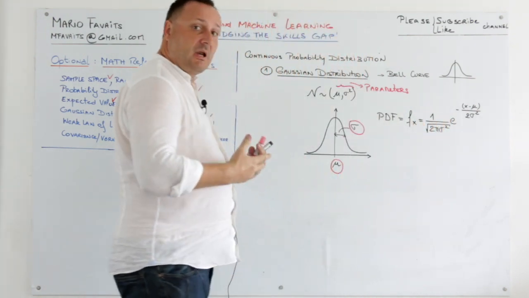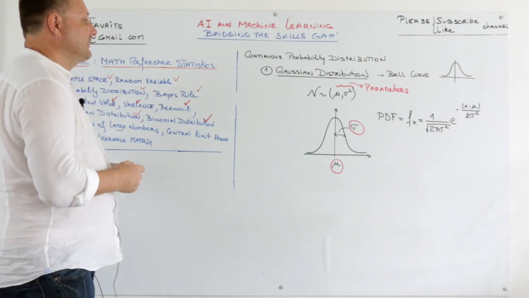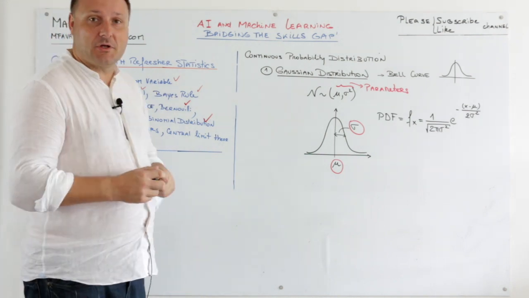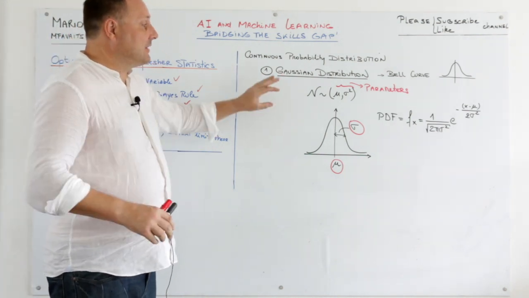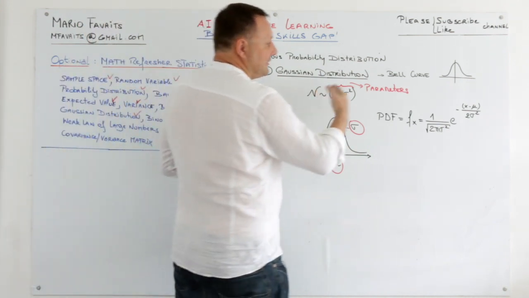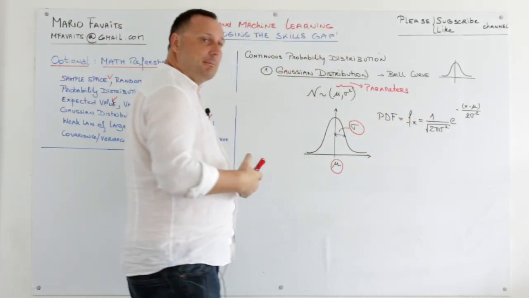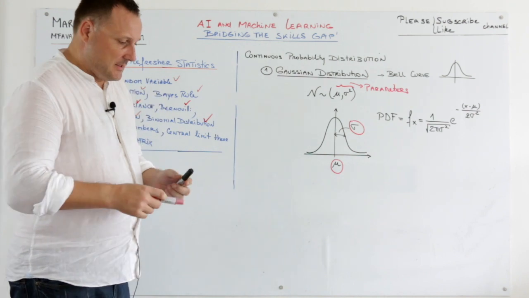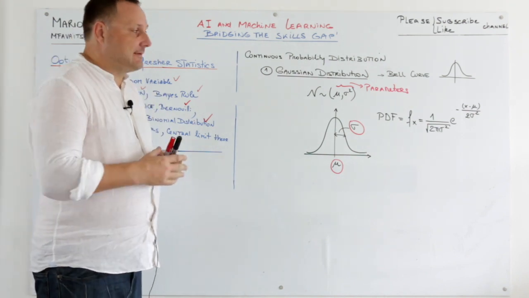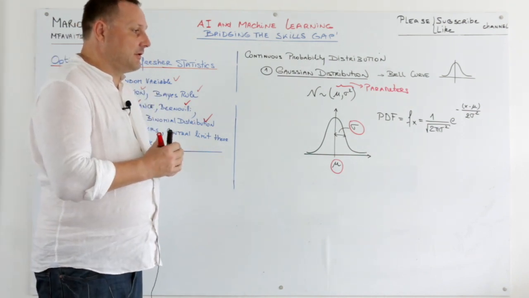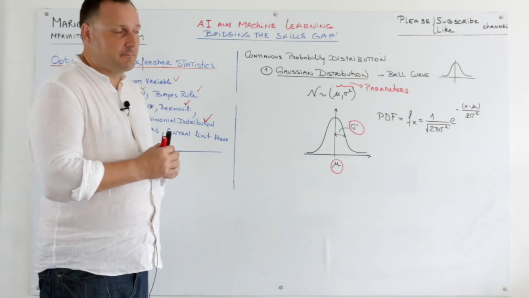It's quite a complex function, and we'll probably use it a lot. There are actually a lot of random systems that can be described by the bell curve. If you wonder why that is, it's because there is a law called the central limit theorem.